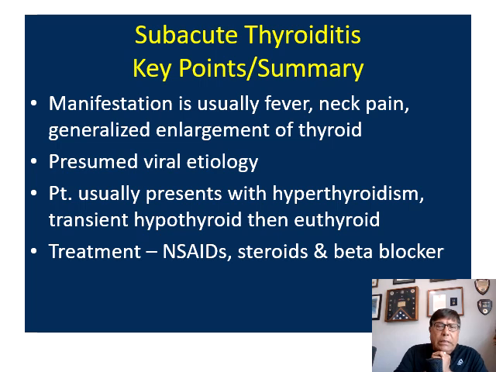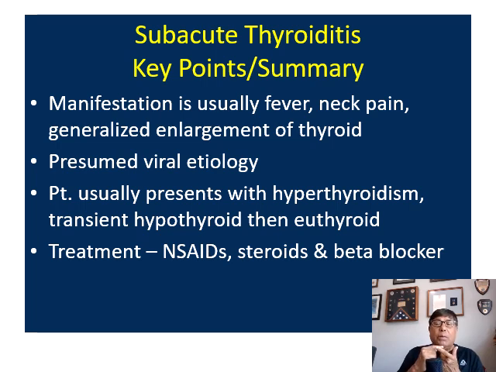So, the take-home message or key point of subacute thyroiditis is that patients manifest with fever, neck pain, and generalized enlargement of the thyroid gland with tenderness. It's a presumed viral etiology, and a lot of the time the causative virus may not be identified that easily.